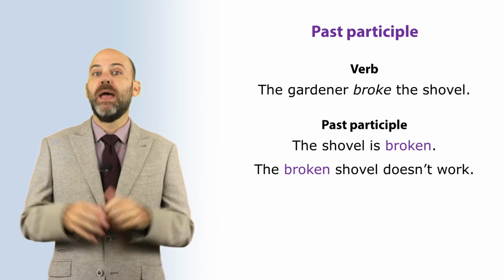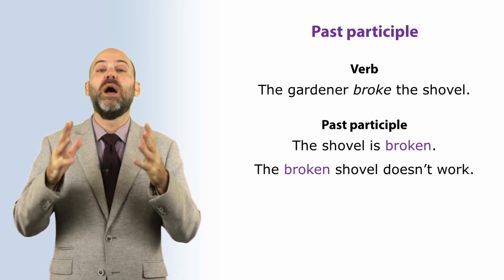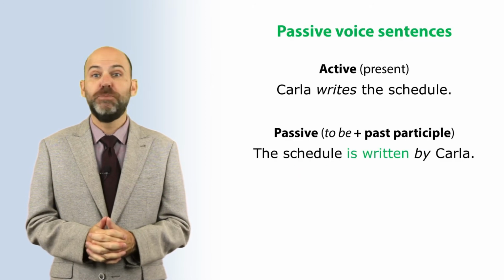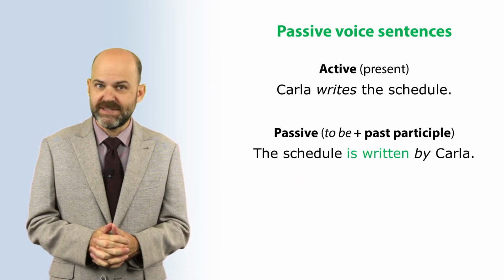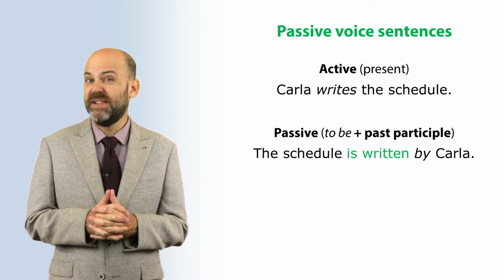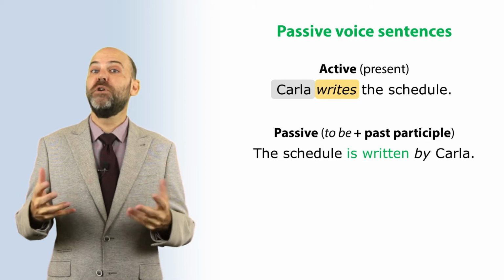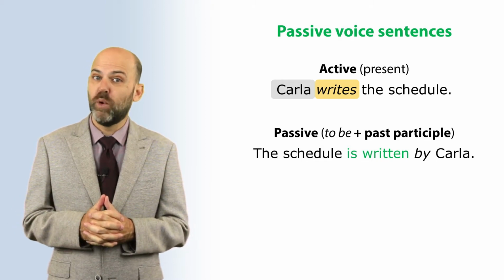All right. Now that we can point out past participles, let's move on to passive voice sentences. Here we have 2 statements that have the same meaning. The first statement is an active voice statement.